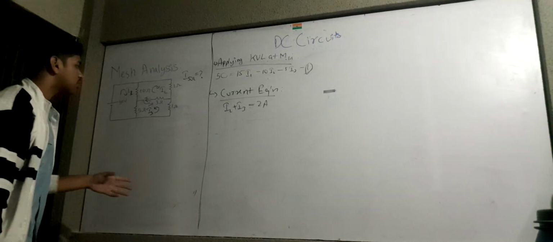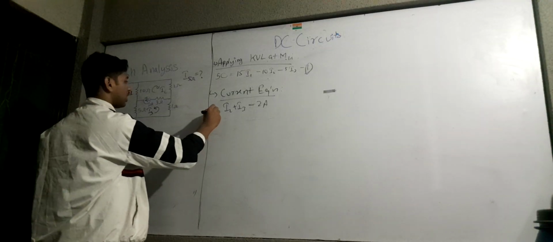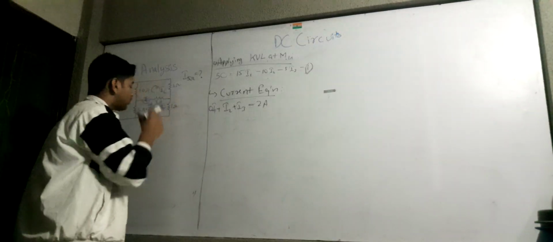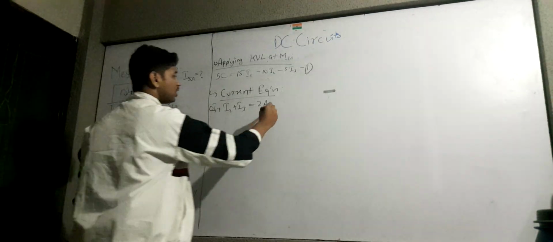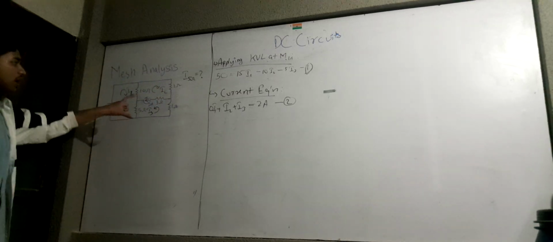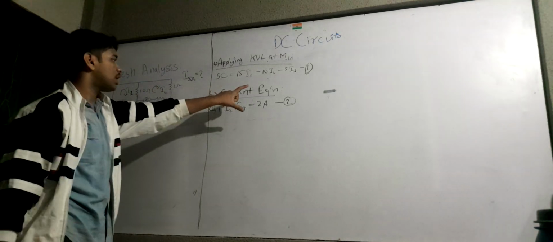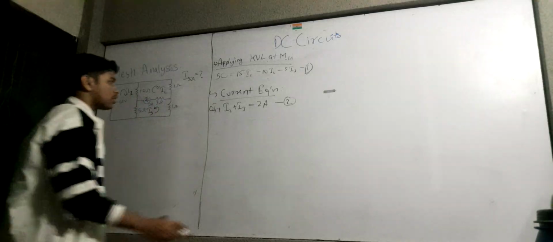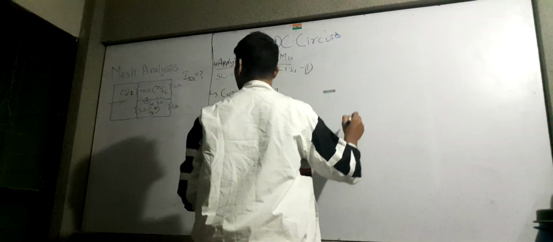Many people also like to write it as 0 I1. It is up to your preference, and this can be our equation 2. Now with our current equation in play, we can remove this branch. So that would make our circuit like this.